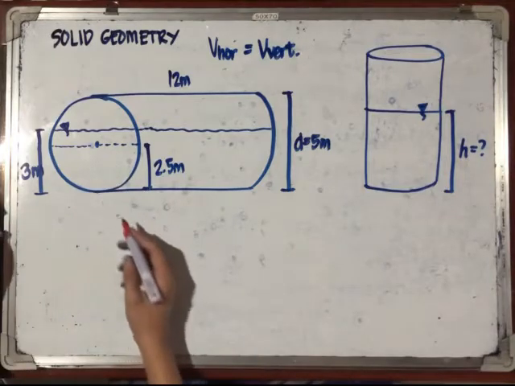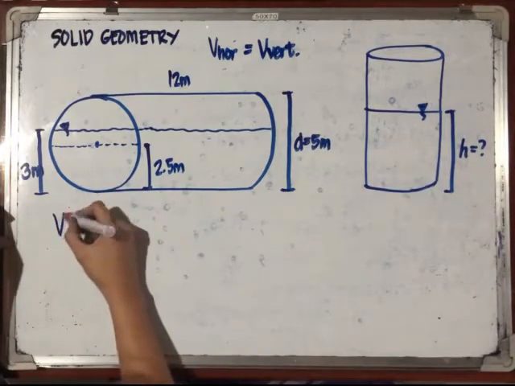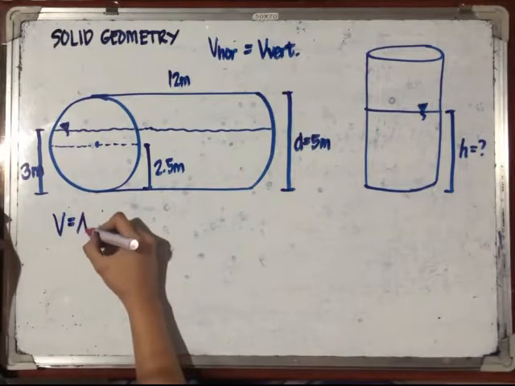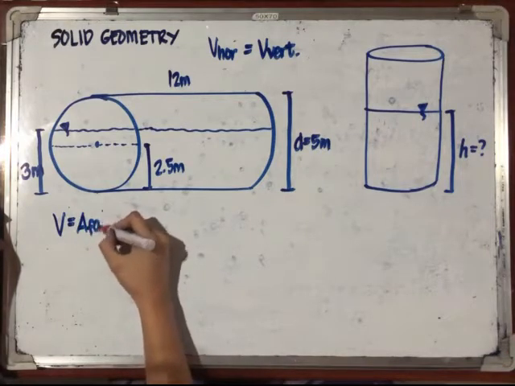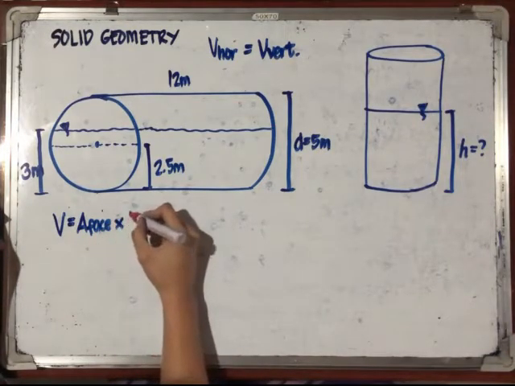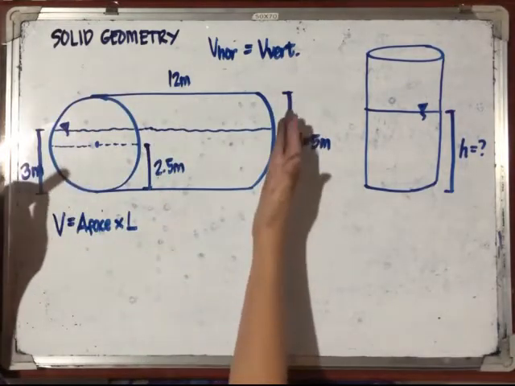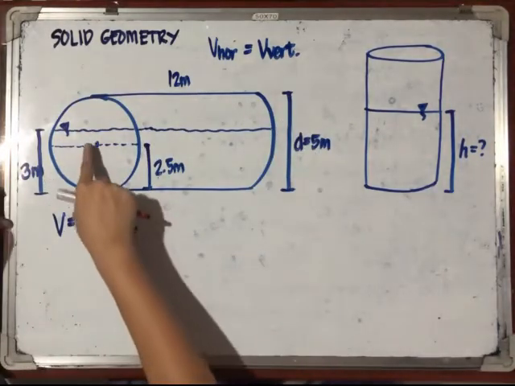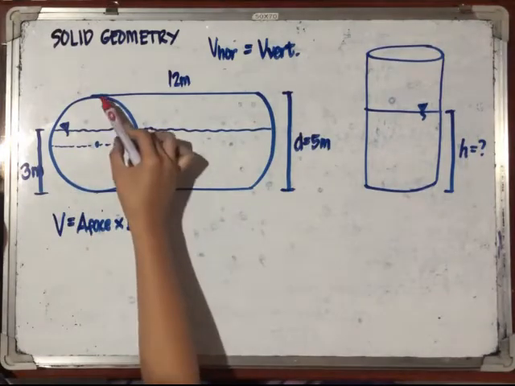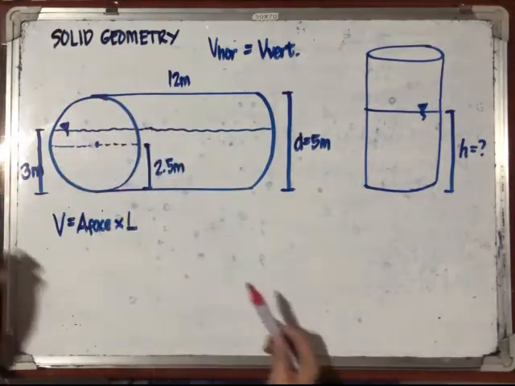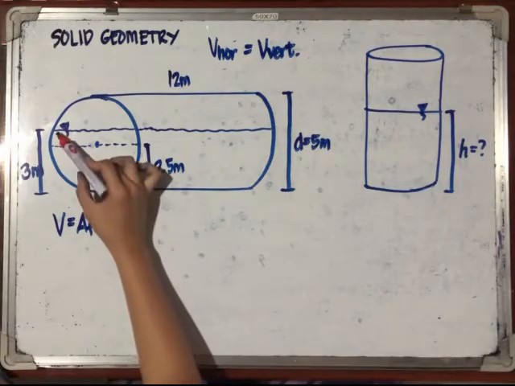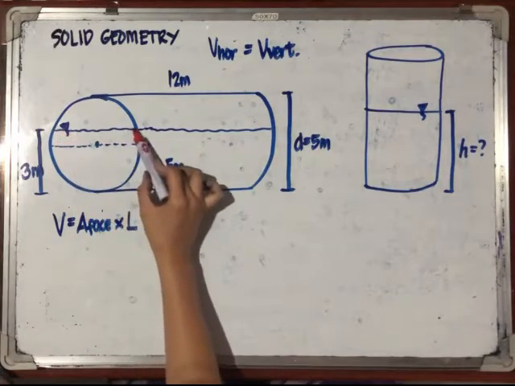So how do we get this one? For this volume, what we need to do is the area of the face again times the length. Because the face, this circular face here, goes straight all the way to the end. Only, instead of this entire face, what we need to consider is only the face up to the waterline portion.